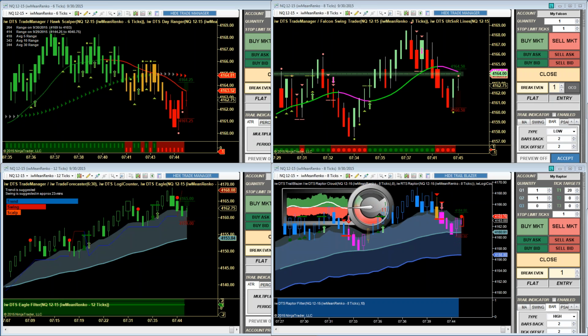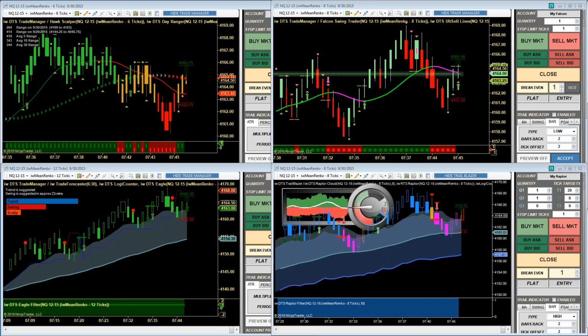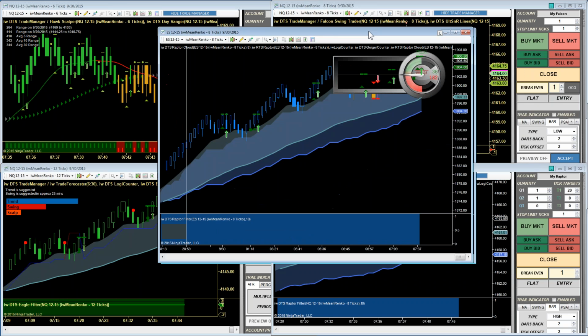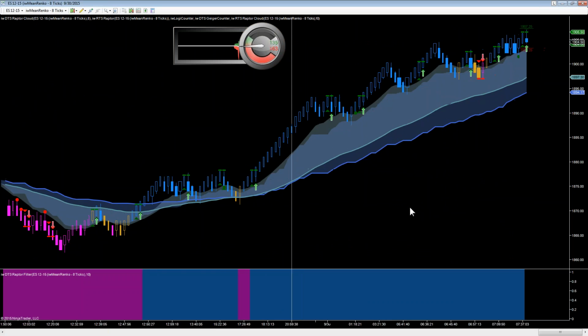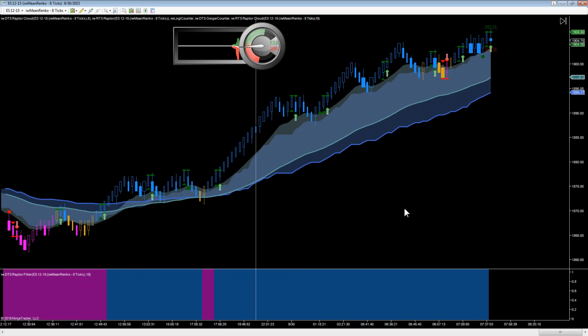Just one second here. I will load up the E-mini on the Raptor and I'll bring that over for you. So when I just load a fresh chart, you can see the Geiger counter restarts its count. The E-mini, very smooth progression on the Raptor this morning.